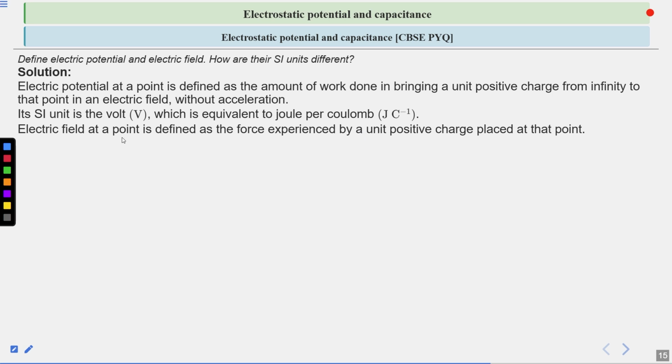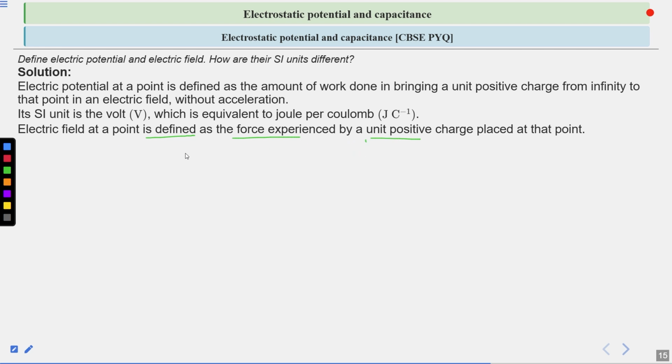Electric field at a point is defined as the force experienced by a unit positive charge placed at that point. Also in electric field we take unit positive charge, but in electrostatic force we take into account the magnitude of that positive charge. So how do we find the electrostatic force? F equals Q into E, where Q is the charge of the test charge.